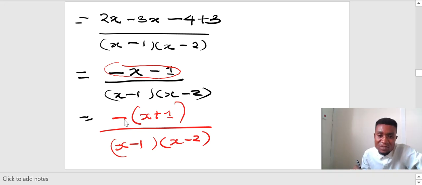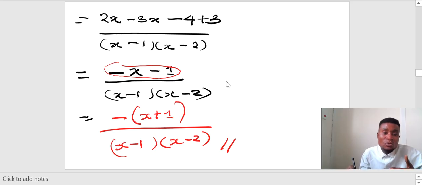If you multiply this minus by x, you are still going to have minus x. If you multiply minus times plus, you are going to be having a minus. If you multiply 1 times 1, you are still going to be having 1. So from what we have here now, we can simply decide to drop this answer.